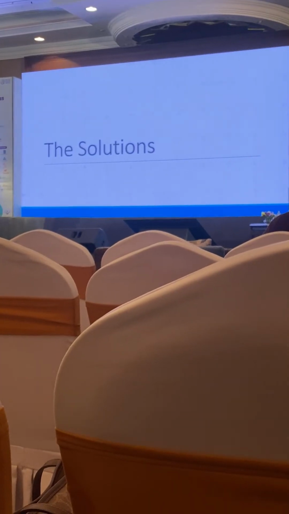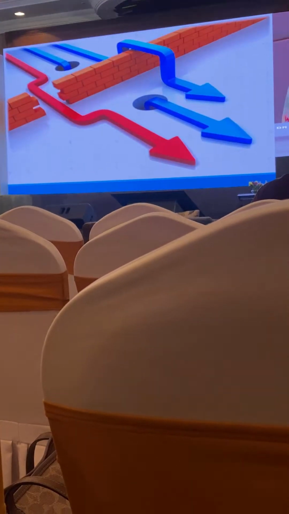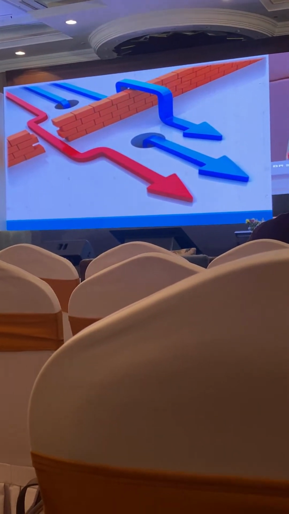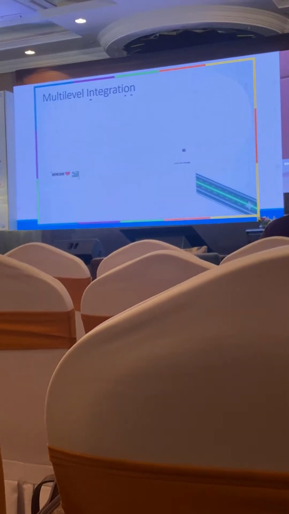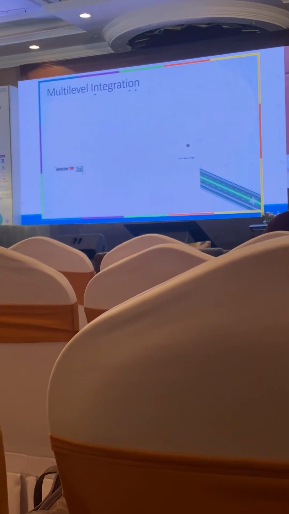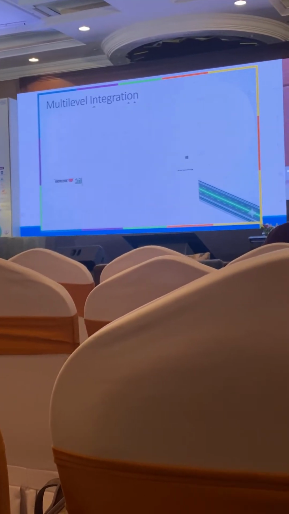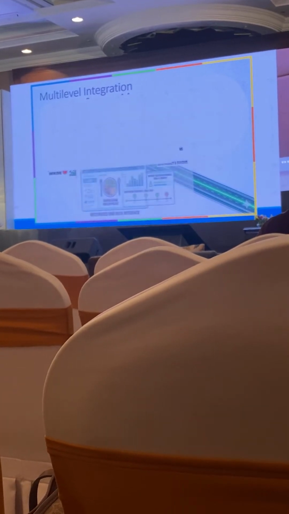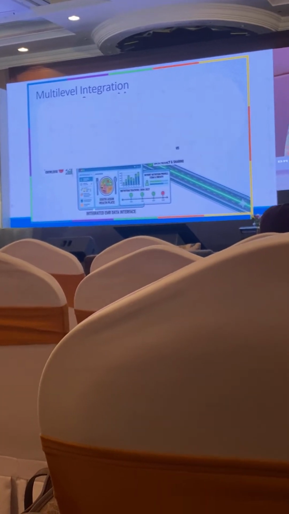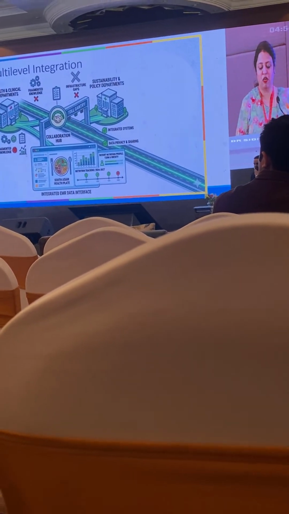Seeing that the problem is multidimensional, the solutions also have to be varied. One solution would not fit all problems. The first one, the institutional problems, for that, the solution probably lies in what I would suggest would be a multi-level integration. We could integrate into the EMR, the nutritional tracking, one aspect of it.